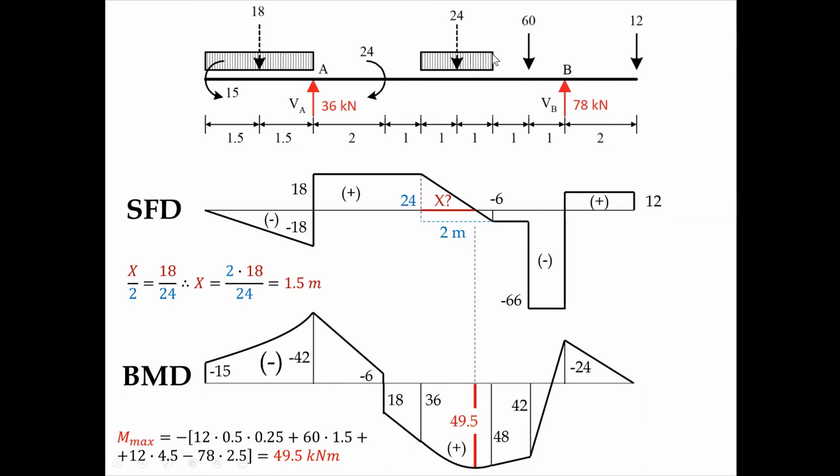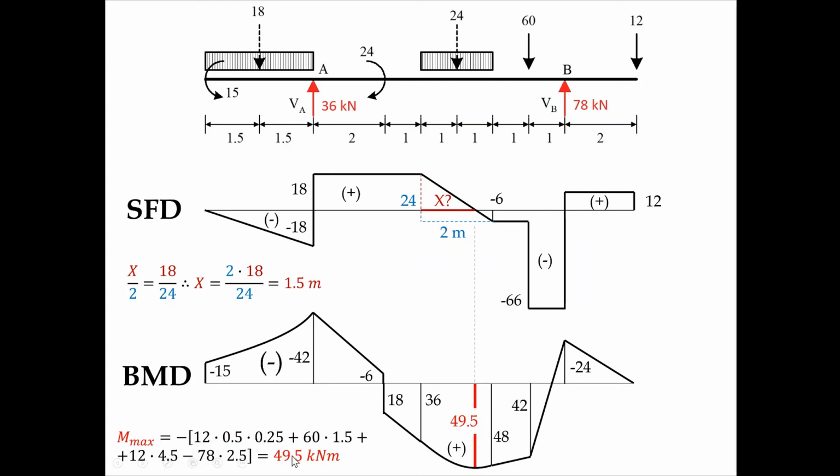What we have is the moment produced by this portion of the UDL, which is 12 times 0.5 times 0.25, plus 60 kilonewtons times 1.5 meters, the positive moment of this 60 kilonewton, plus 12 times 4.5, which is 12 multiplied by the distance to the position of the 0 in the shear force diagram, and minus 78, the reaction, multiplied by 2.5 meters, the distance from this cross section in here to the 78 kilonewton, which is the reaction of the roller, basically.